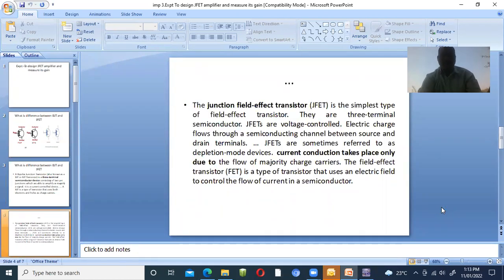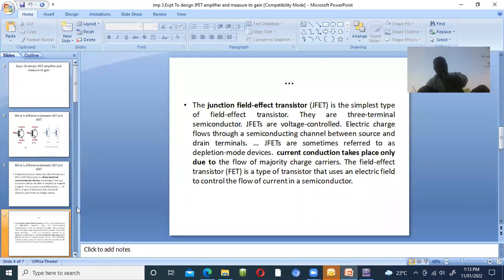Another thing, the field effect transistor also has three terminals. In the case of BJT the terminals are emitter, base, collector, but in the case of JFET the terminals are gate, drain, source.